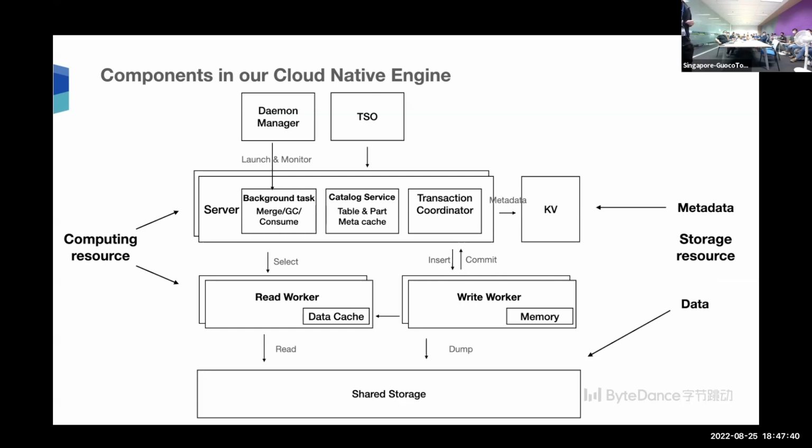For storage, we have two kinds of data, the metadata and the data. The metadata we store in a distributed key-value store, and for the data we can utilize S3 or HDFS directly. So we don't need to worry a lot about the storage, like replication and so on.